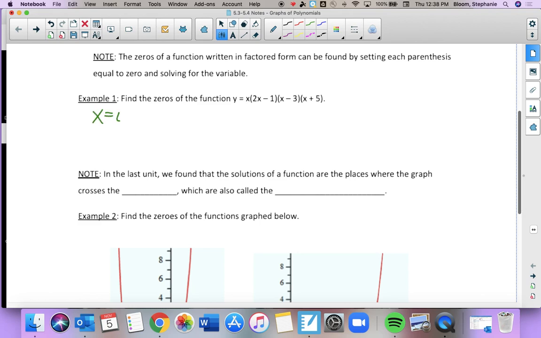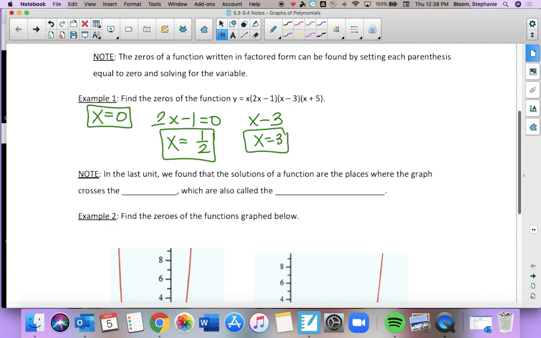So we know that one answer would be x equals 0. And then my other answer, I'm going to skip some work here, would be 1/2. And another answer would be 3. And my last answer would be -5.